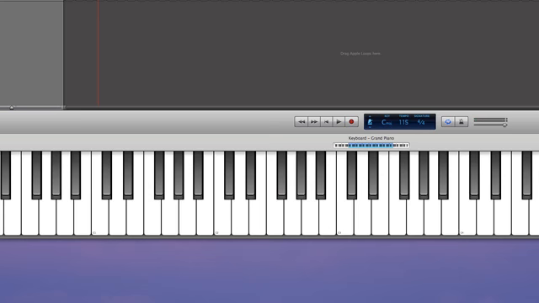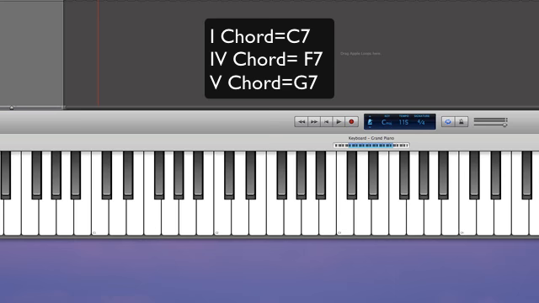Now, if I put it in the context of an entire blues form, we're now going to approach the 4 chord from a half step below, and the 5 chord from a half step below. Check out what that sounds like. Here we go. Heading to the 4 chord.